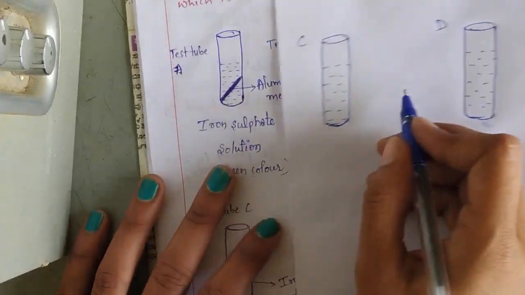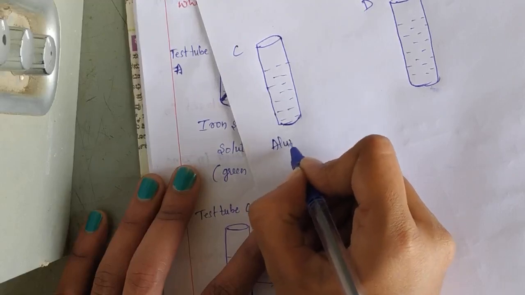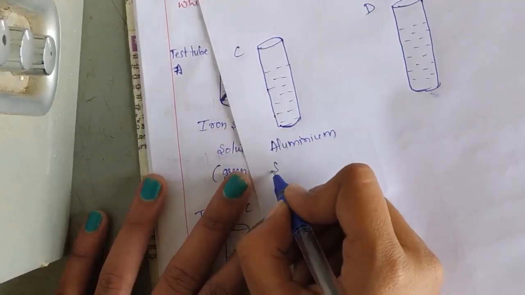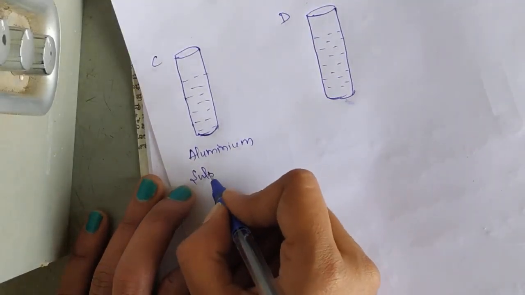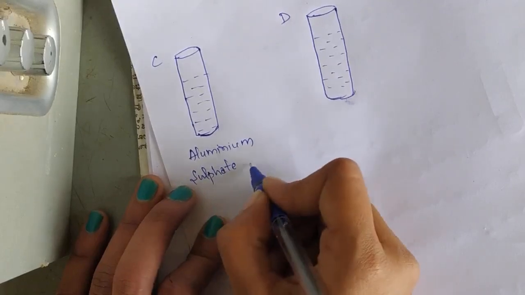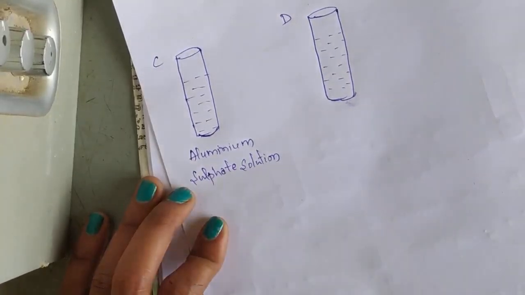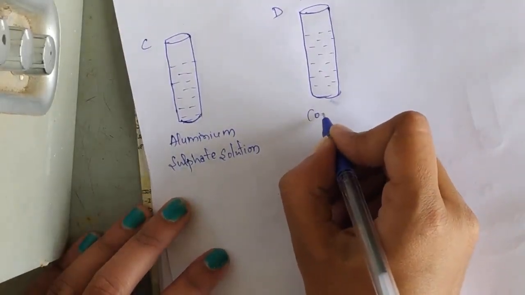In test tube C, we are placing aluminum sulfate solution. In test tube D, we will place copper sulfate solution.